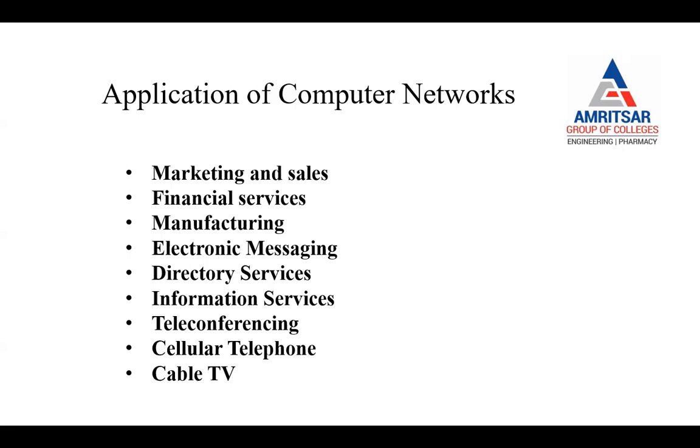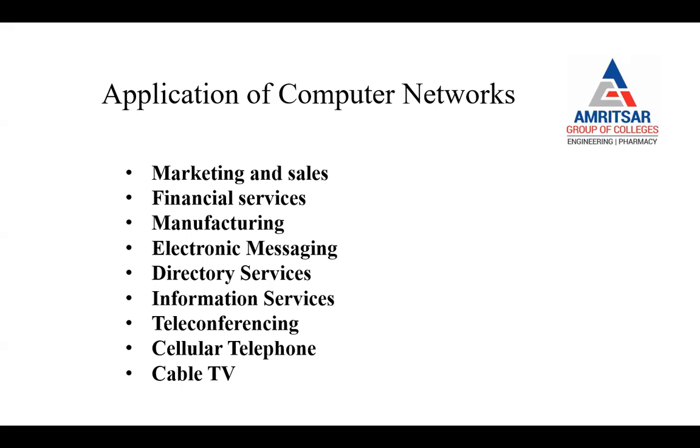Next is information services. If we are talking about the WWW, the World Wide Web, it offers the technical specification for a new product in the information service. Whatever information you require, you just write www dot whatever you want.